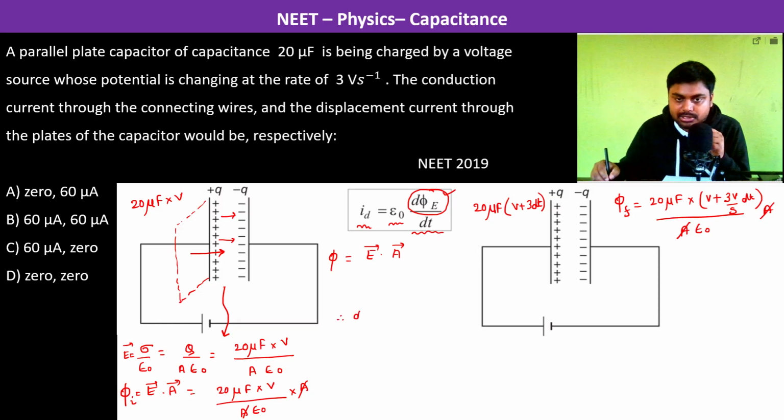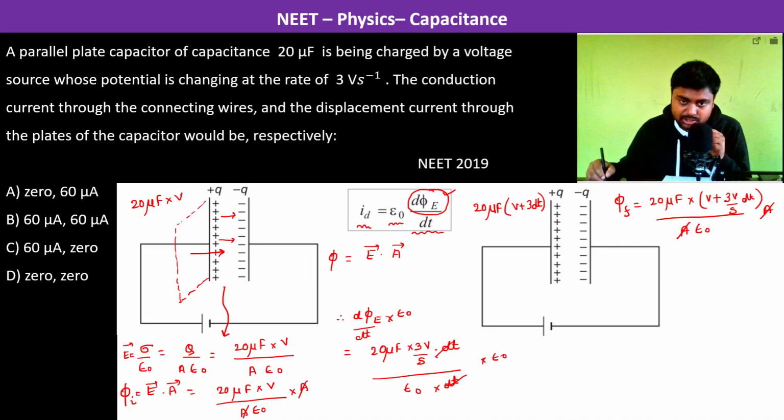So d phi electric flux is equal to 20 microfarads into 3 volt per second into dt divided by epsilon naught, and we divide it by dt and multiply it by epsilon naught.